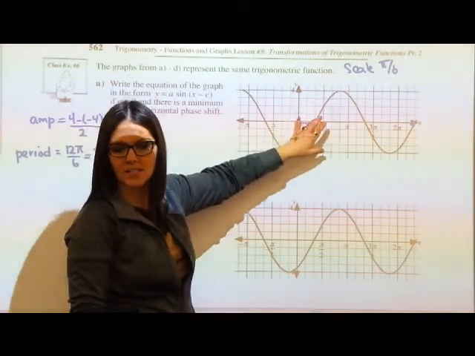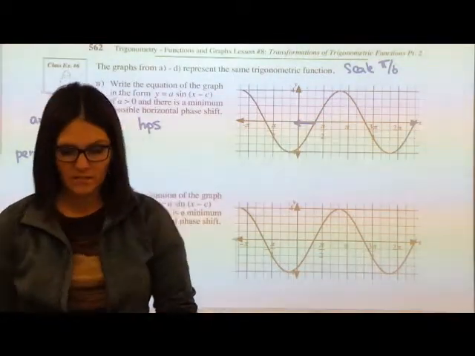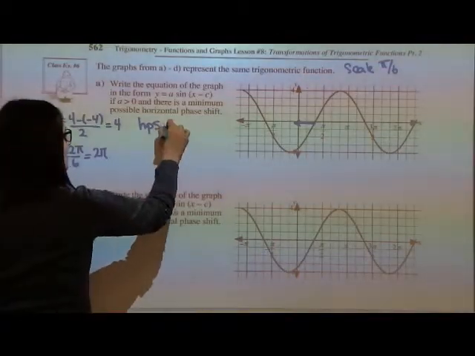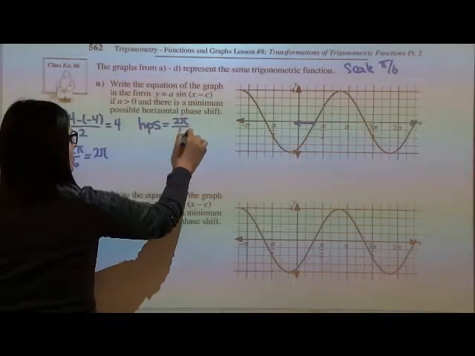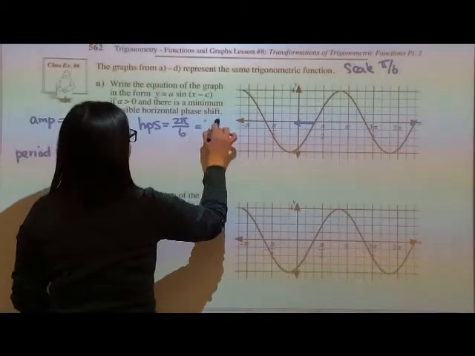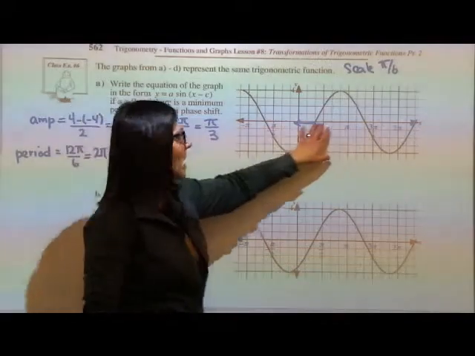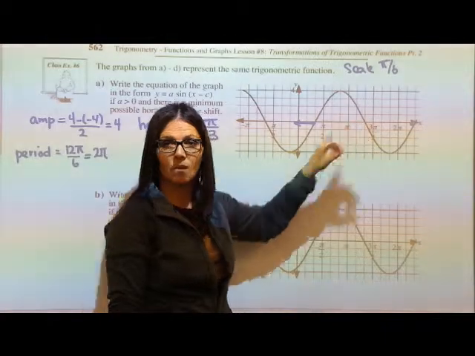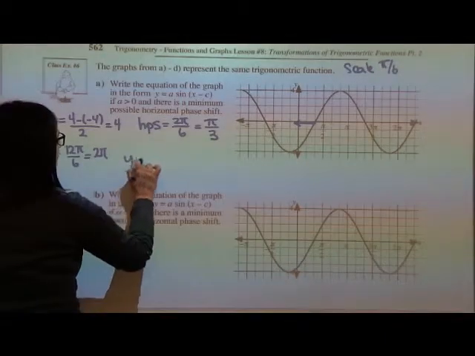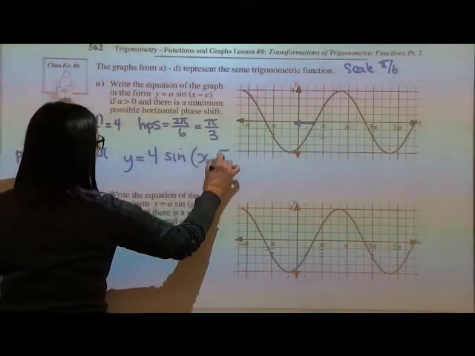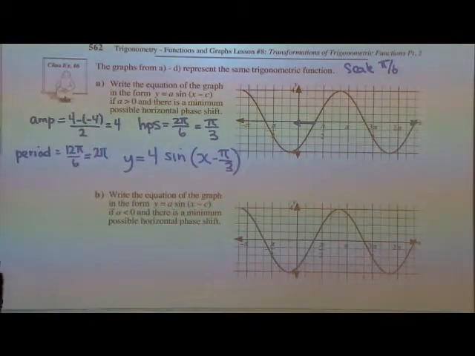So how many places did I shift that? 2 units, or 2 pi's over 6. What does that reduce down to? Pi over 3. And this is a pi over 3 to the right because originally I would have been here and I moved it to here. So then my equation would be y equals 4 sine x minus pi over 3.